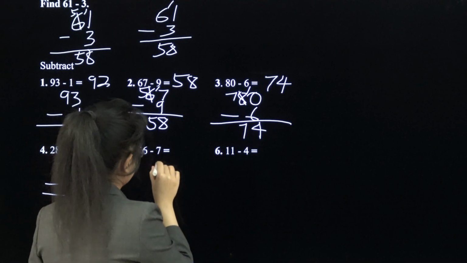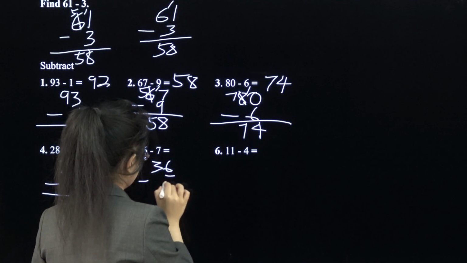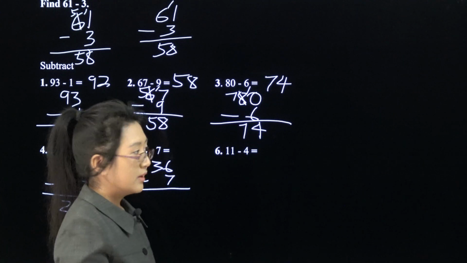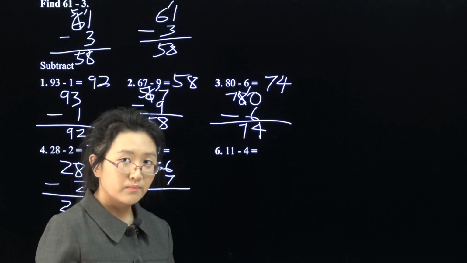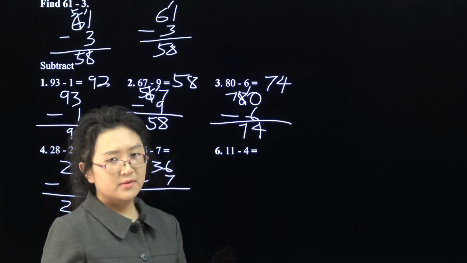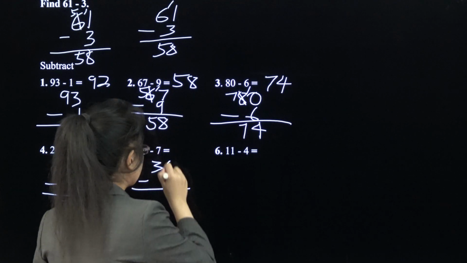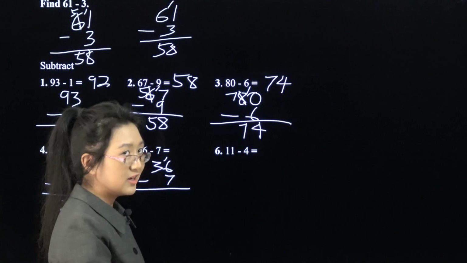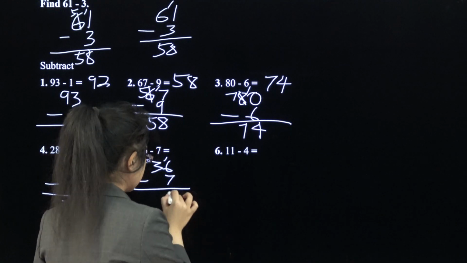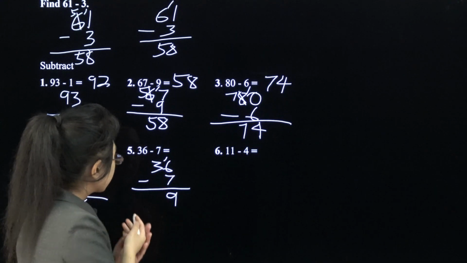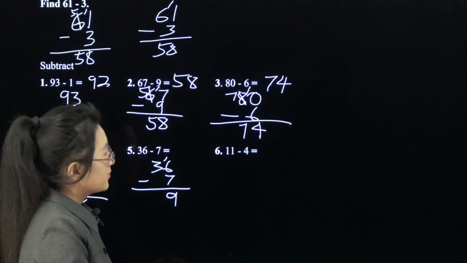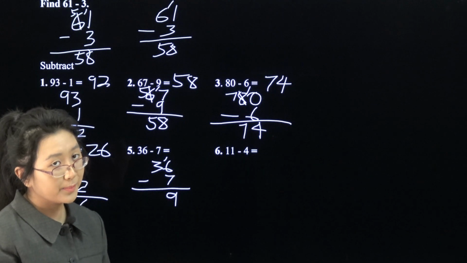36 minus 7. You line them up, and for the ones place you get 6 minus 7. Does that work? No, you need to regroup. So after you regroup, you get 16 minus 7, which is equal to 9. Now, 3 tens got 1 ten regrouped out of it.